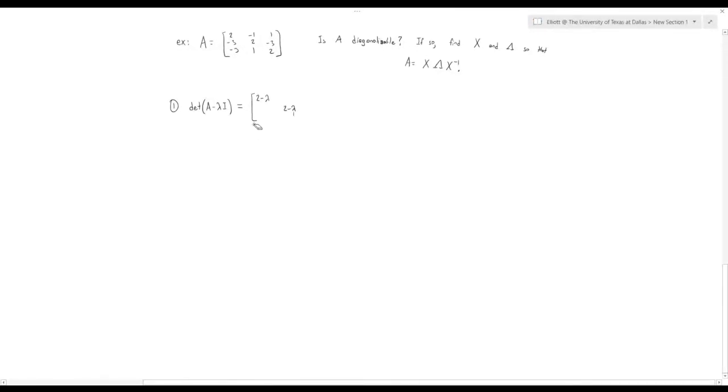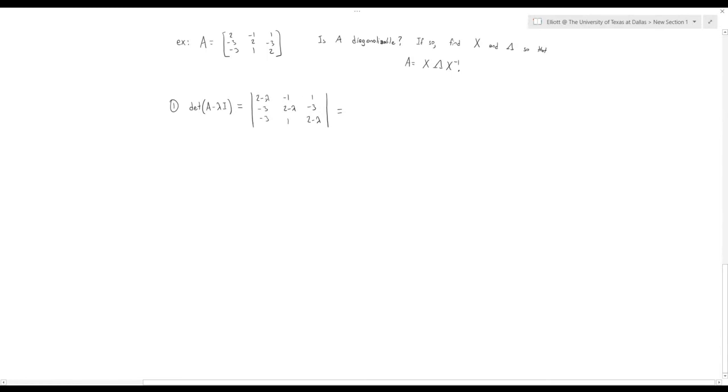Okay, so remember that for A minus lambda I, you just subtract lambda from the diagonal entries of A. And then we need the determinant of this matrix. To compute the determinant, I typically just do a cofactor expansion. So let's say I will do cofactor expansion just along the first row, okay?